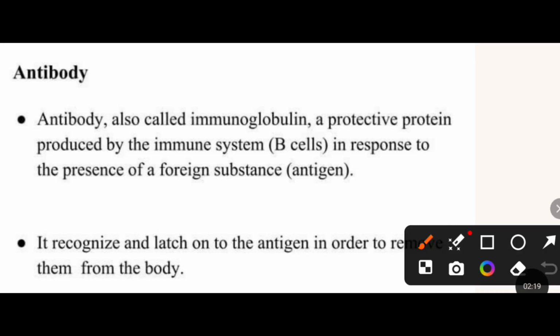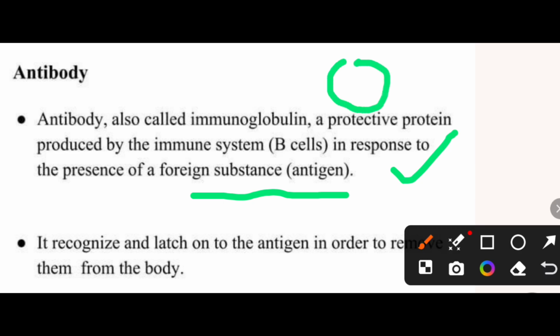Immunoglobulins are protective proteins produced by the immune system, that is B cells, in response to the presence of foreign substances. Suppose there is a bacteria and it is having some epitopes, then the antibody will come and it will just stop it.